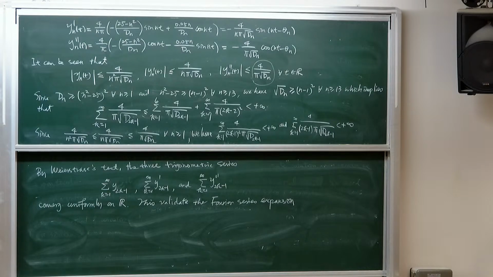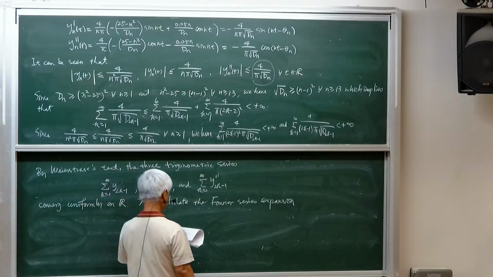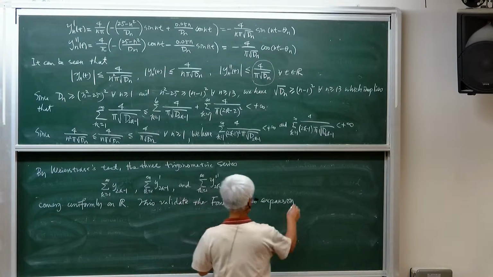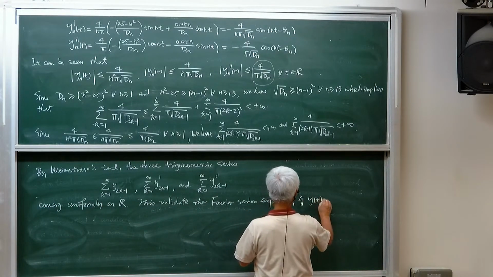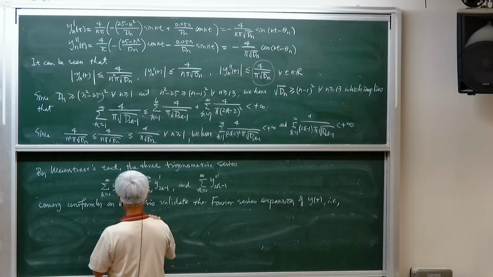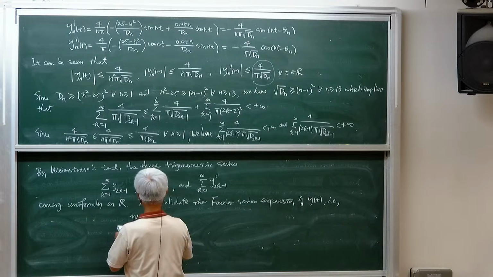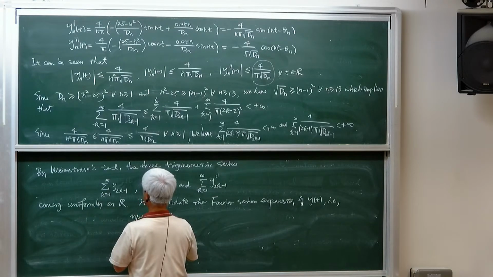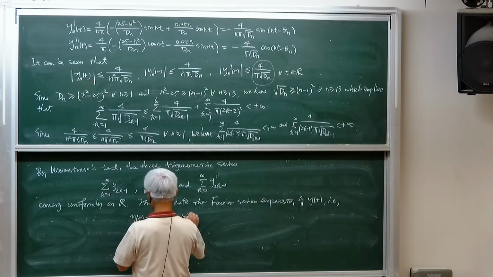So this validates the Fourier expansion of y(t), i.e., y(t) is indeed the sum for k from 1 to infinity of y_{2k-1}(t).